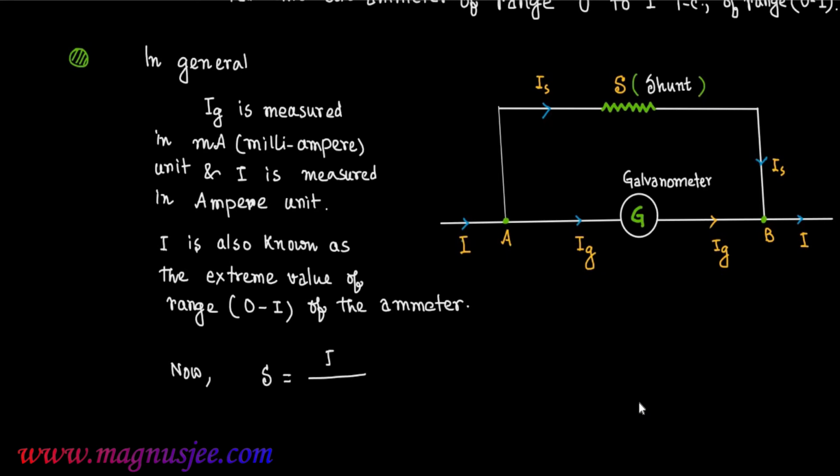Now S is equal to Ig divided by (I minus Ig) into capital G. That is the required shunt which is to be connected in parallel with the galvanometer.